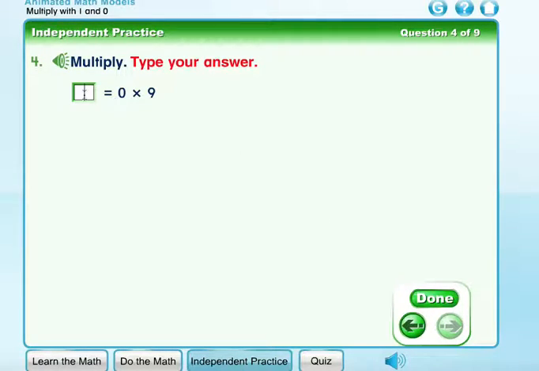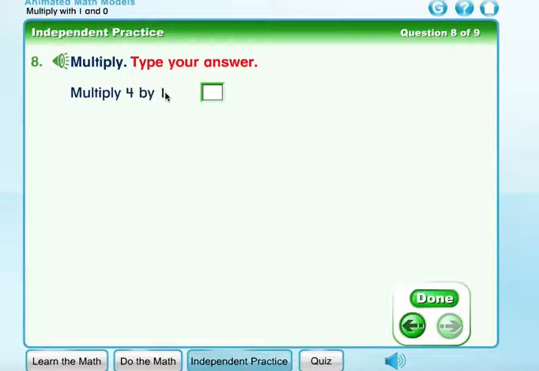Any number times 0 is 0. Any number times 1 is the other number, which is 9. 0 times 0, well, anything multiplied by 0 is 0. 0 times 7, anything multiplied by 0 is 0.